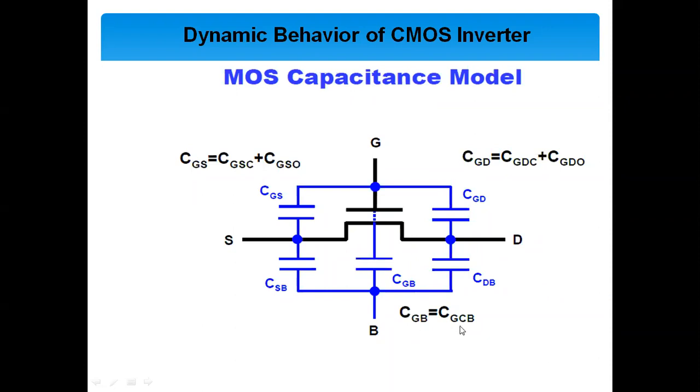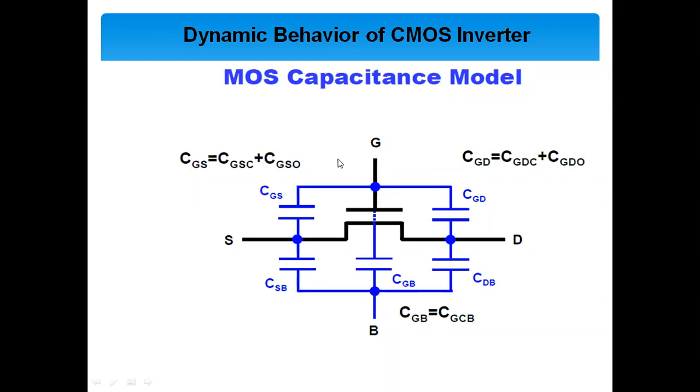Now this CGB is equal to GCB, right? This CGD is nothing but GDC plus GDO. That means this gate to source, gate to drain capacitance, plus gate to drain capacitance for open circuit and short circuit, that is closed circuit, right?